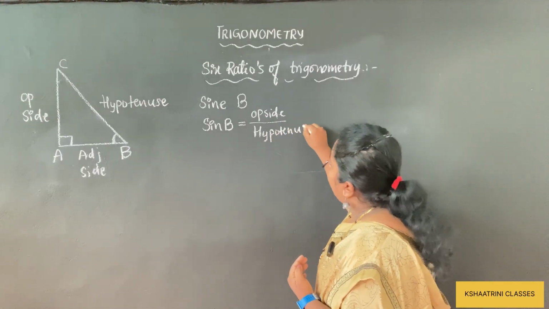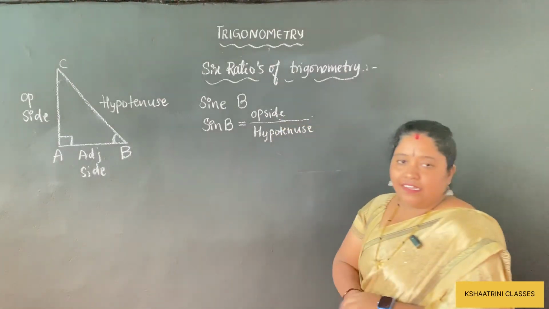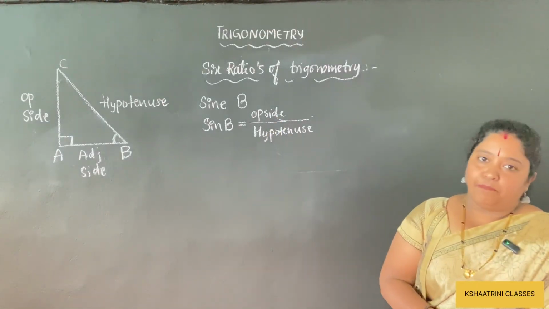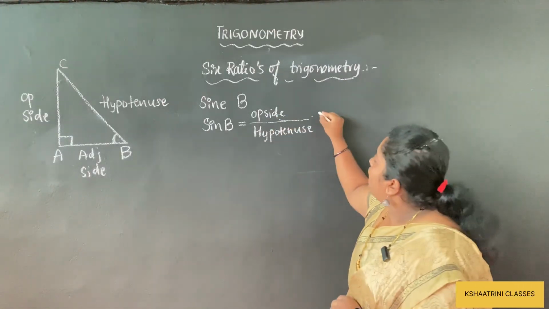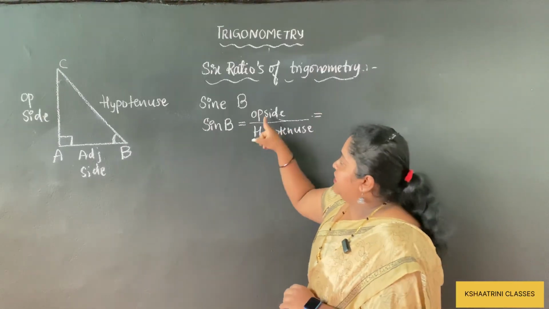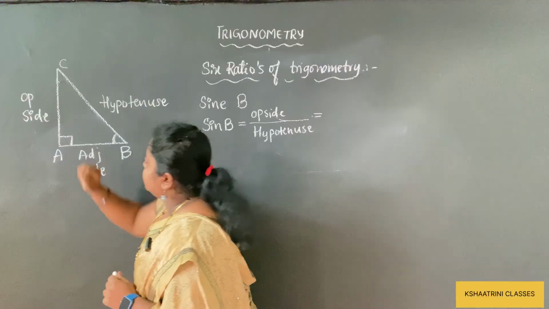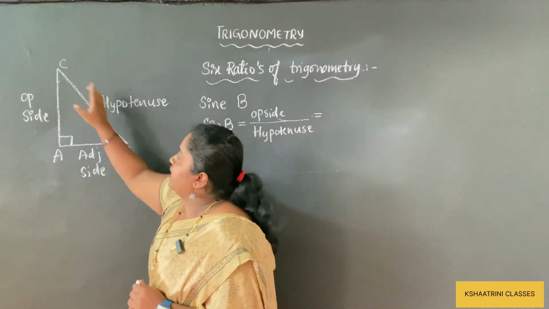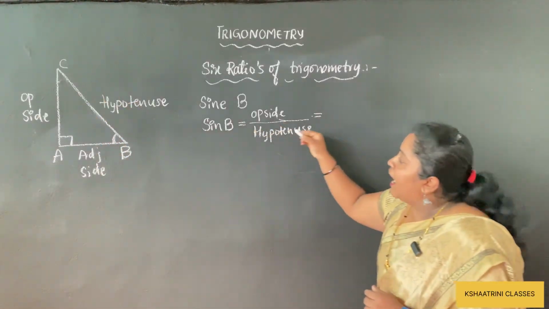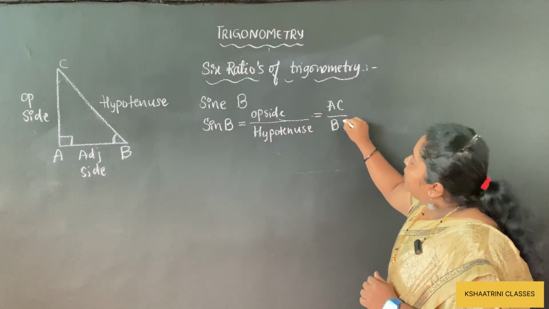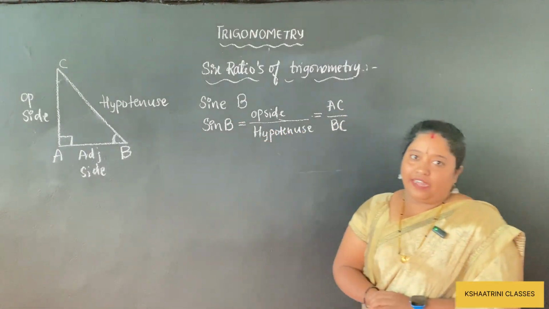According to our diagram, which is the opposite side? AC is the opposite side, where BC is the hypotenuse. So sin B can be written as AC divided by BC.